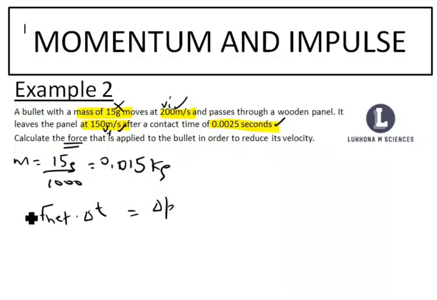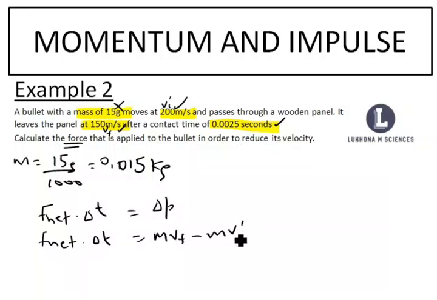The bullet moves through, which means the direction for initial velocity and final velocity is the same, so everything will be positive there, right? So F net times delta t is equal to the change in momentum, mvf minus mvi.